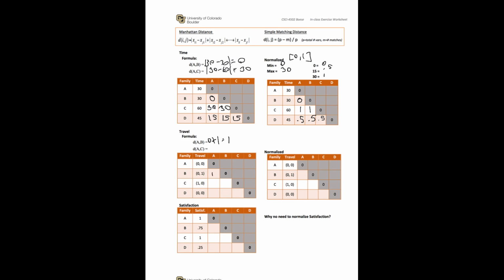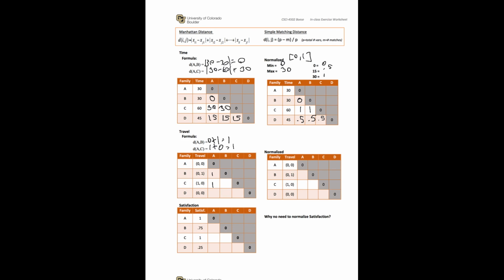So for A to C, so family A and family C, family A 0, 0, and then family C was 1, 0. So again, this time it's going to be 1 plus the 0, which gives us 1 as well. All right, and we can go ahead and continue with this.